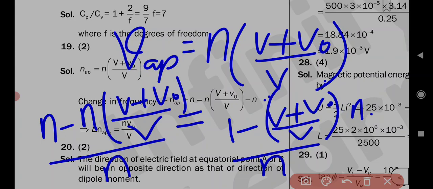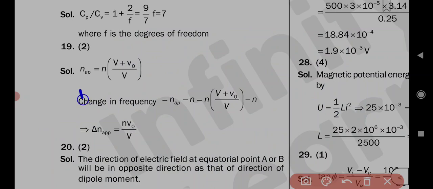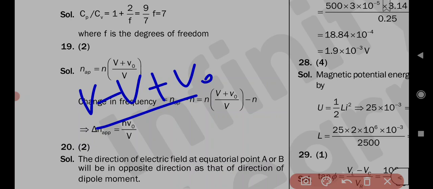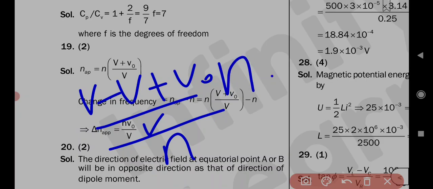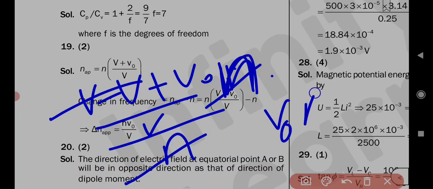So I can write v minus v plus v naught by v, by n into n. This cancels, this one is there. So this is v naught n by v.